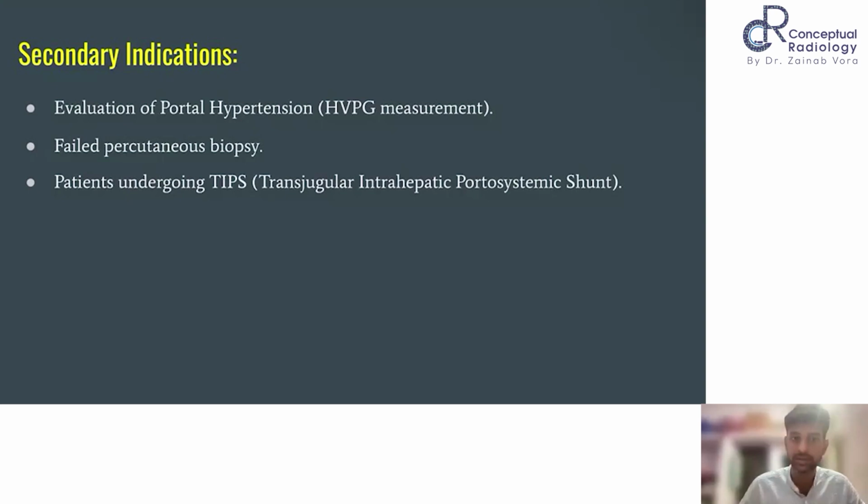And in cases where there is a failed percutaneous biopsy, for example in morbid obesity or a very contracted cirrhotic liver, if the percutaneous biopsy fails, then we can do a transjugular liver biopsy. Peliosis hepatis is a lesion, so you have to go through the theory once.